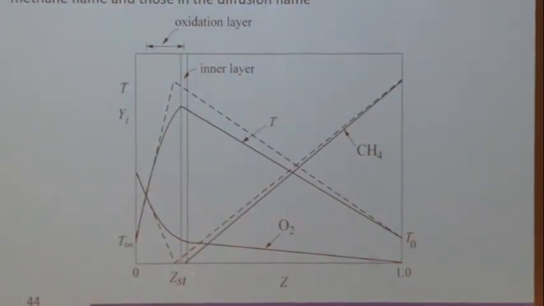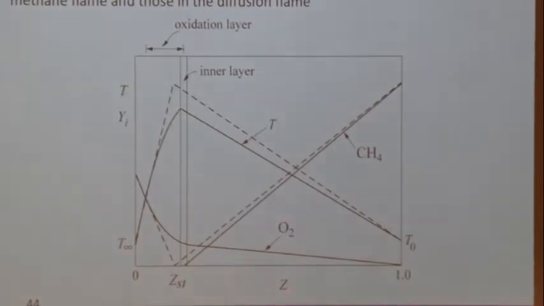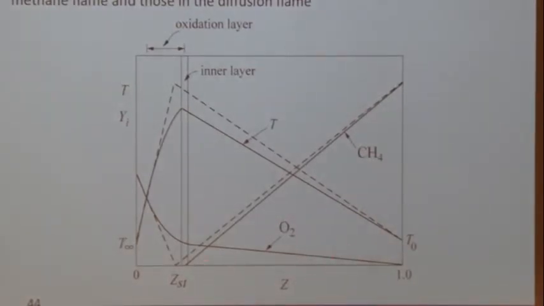Really for 2 reasons, because here you have very little oxygen, here you have very, very little fuel, and secondly, the temperatures here are relatively low. So the outer structure is the same as the preheat region. And then you have the inner layer that we had for the premixed flames.